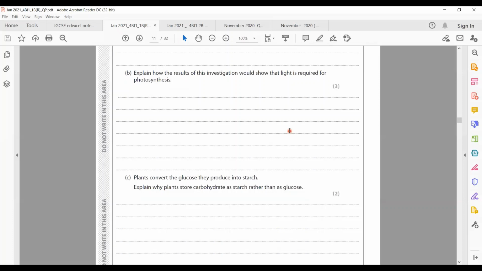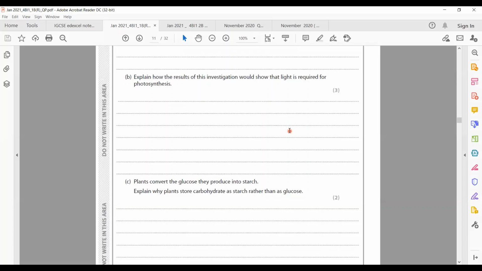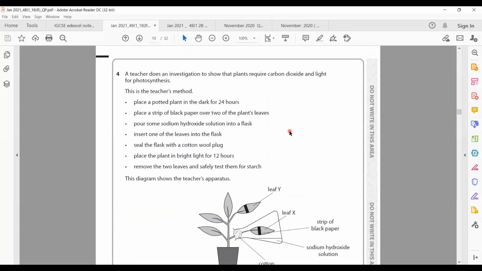Come on Dimas, number B. Explain how the results of this investigation would show that light is required for photosynthesis. Can I get you the question again? Here it is.